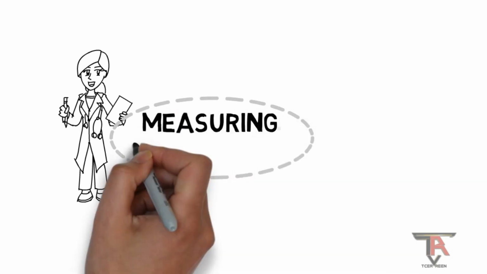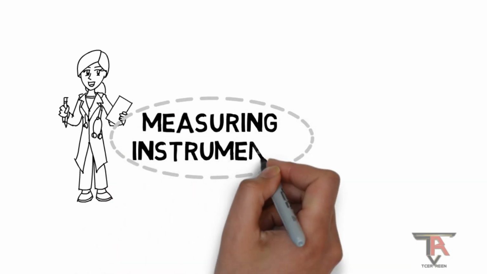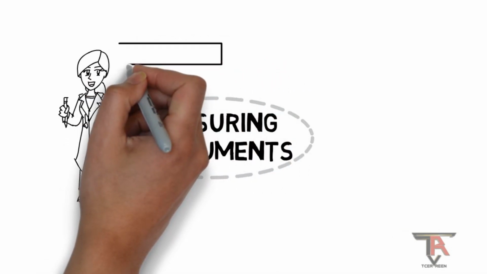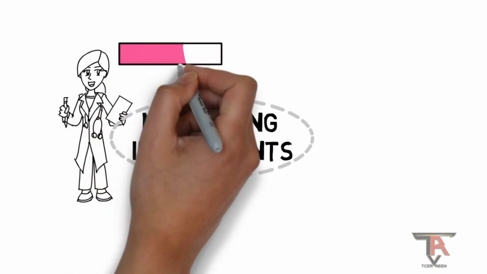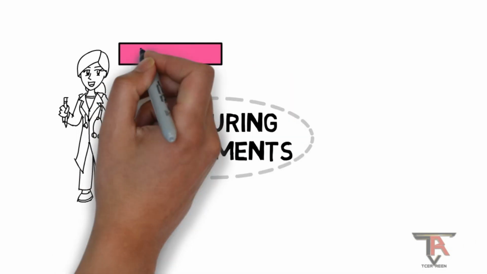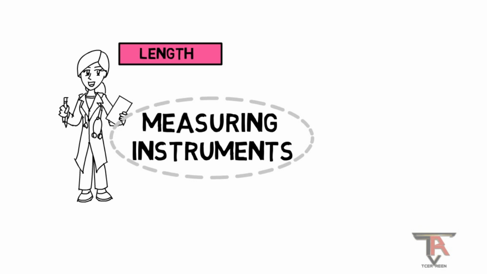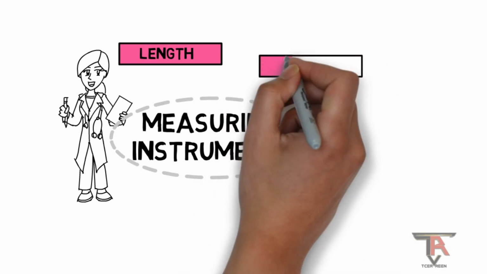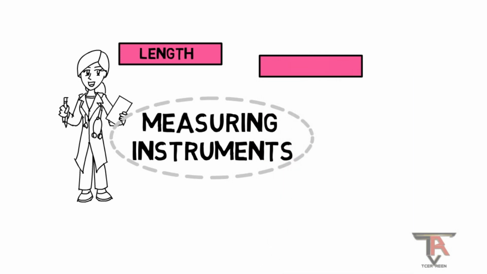In today's class, we will see what is the measuring instrument that will be used in each of the physical quantities that you have learned before. Now, let us review back what is the physical quantities that we have learned.